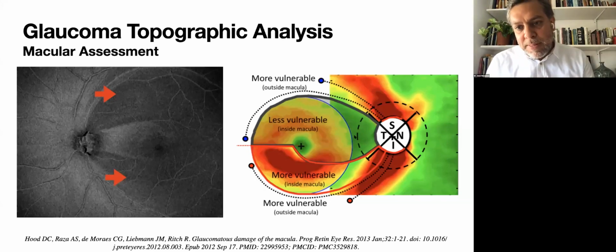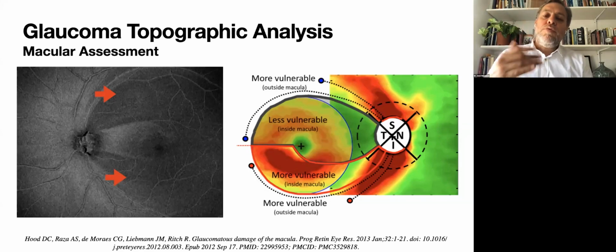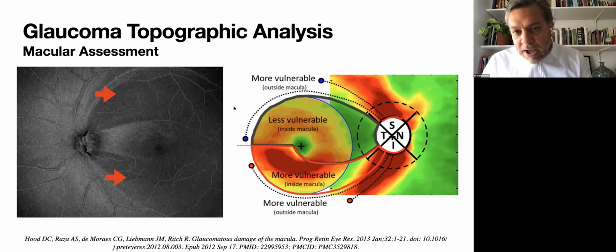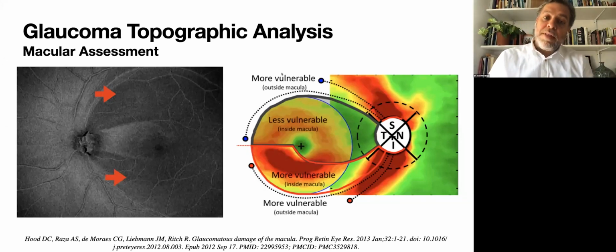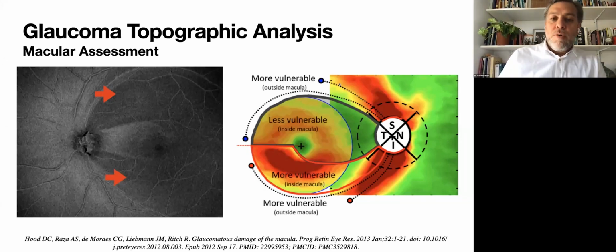That's the papillomacular bundle, and the superior arcuate part comes here. That being said, there is a more vulnerable zone outside the macula on the superior quadrant due to the same effect: a lot of fibers coming through a very thin space. That's why the inferior area inside the macula, the inferior outside the macula, and the superior outside the macula are the more vulnerable zones.